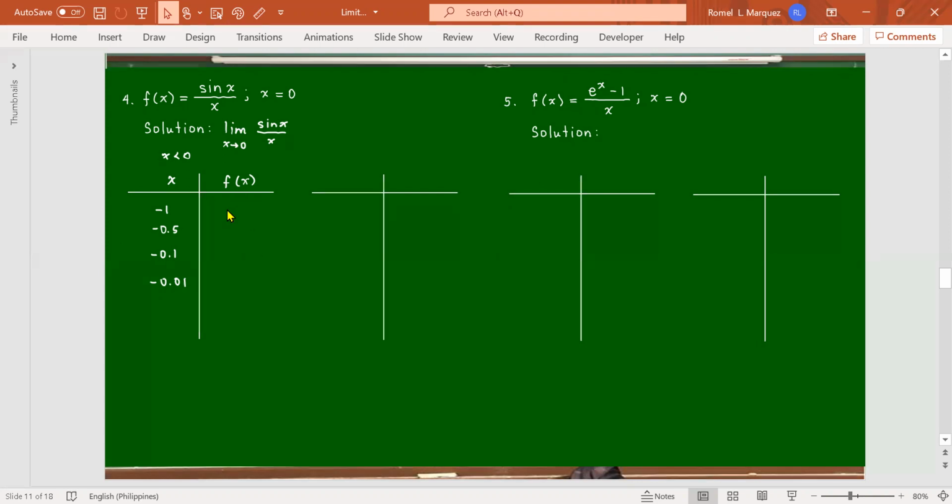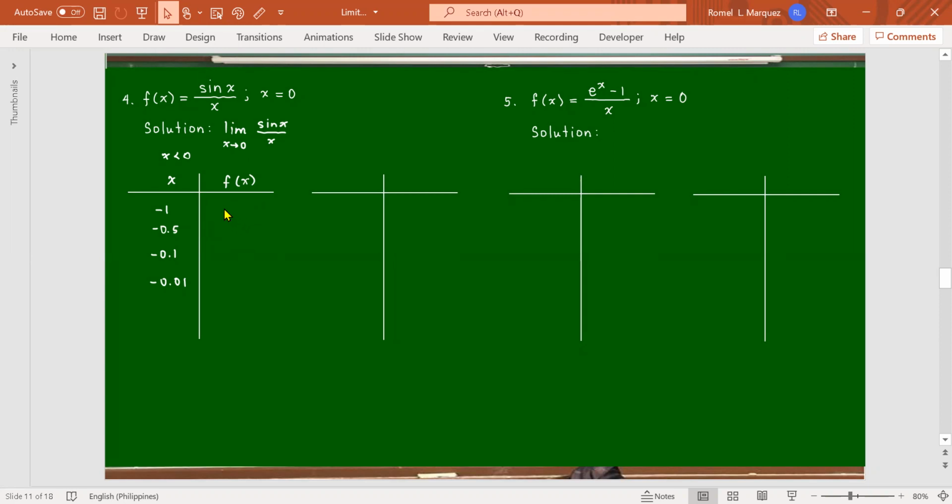If x is negative 1, by the way, if you have trigonometric functions, you are going to assign real numbers or radian measures. Okay, guys? So in calculus, we use radian measure or real numbers if you have trigonometric functions.